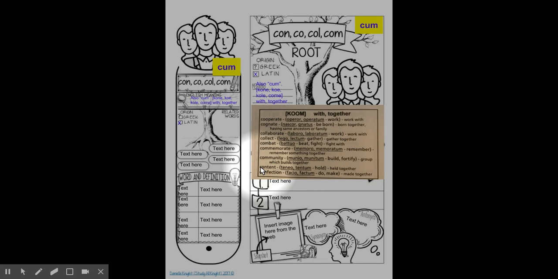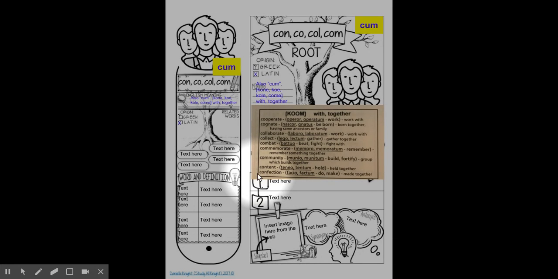All right, two more. Content, con meaning with or together, and teneo or tentum meaning to hold. So we are content, and that's a big one in our Bible. We are content, meaning we are held together. Last one that I wanted to go, and you could find many, many more in the English language, but confection.